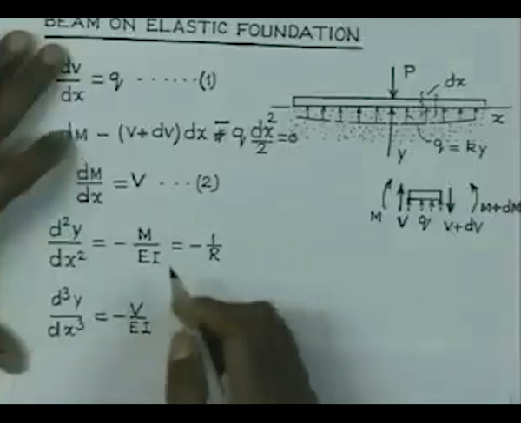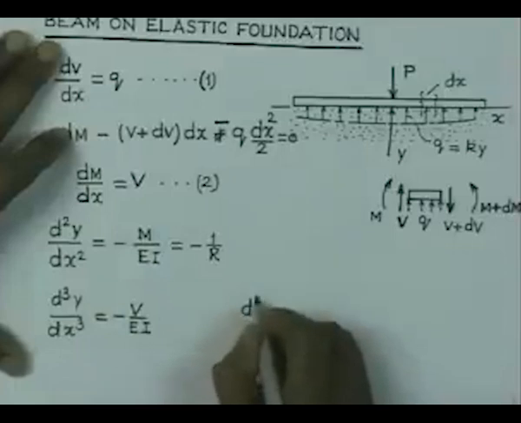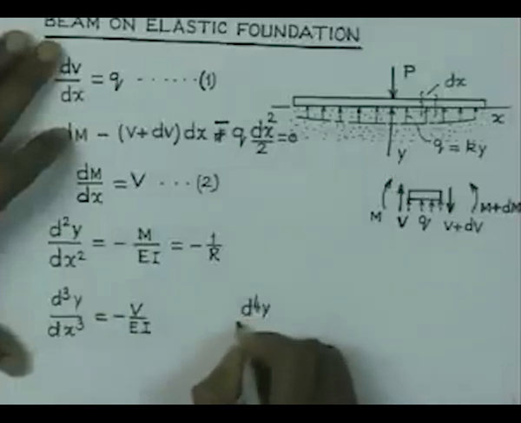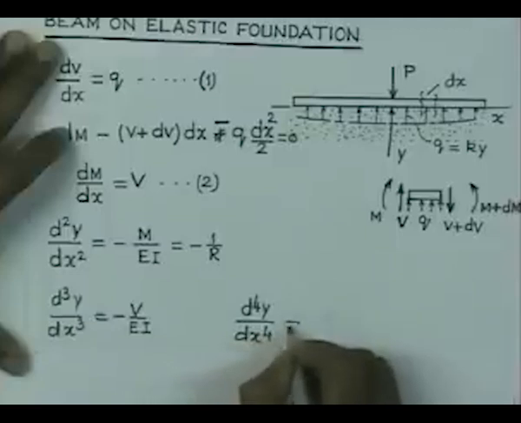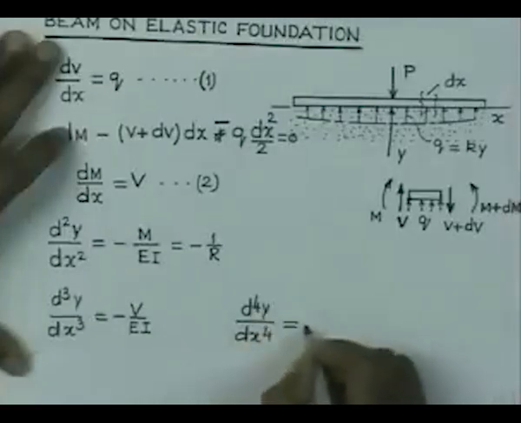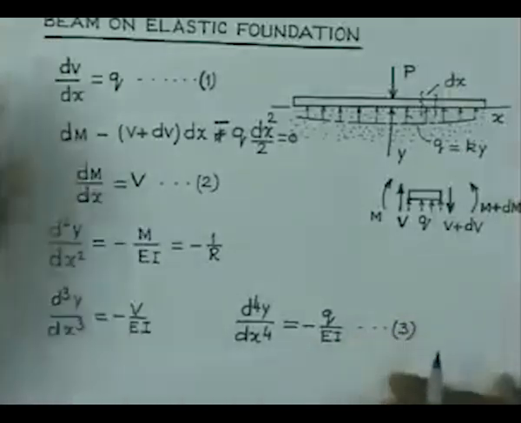I simply substitute dM/dx is equal to V. Similarly, if I differentiate it once more, d4y/dx4 is equal to minus q by EI. So, that is the deflection equation of the beam on elastic foundation.